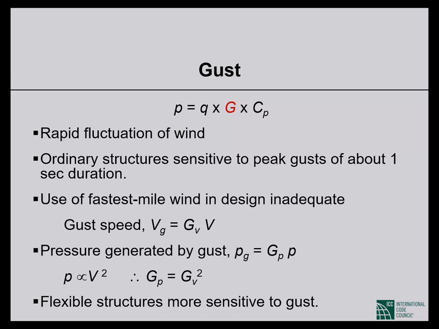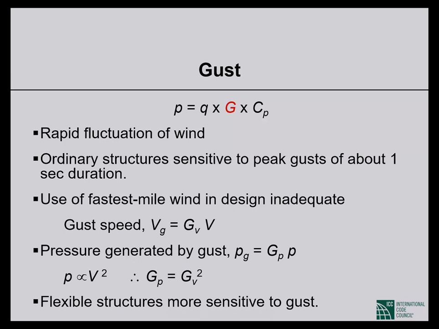As long as we used fastest mile wind speed as the basis of design, gust effect factor was always larger than 1. Today, we use 3-second gust speed as the basis of design. There are structures, short, stocky, big structures that are not sensitive even to 3-second gust, particularly shorter structures.